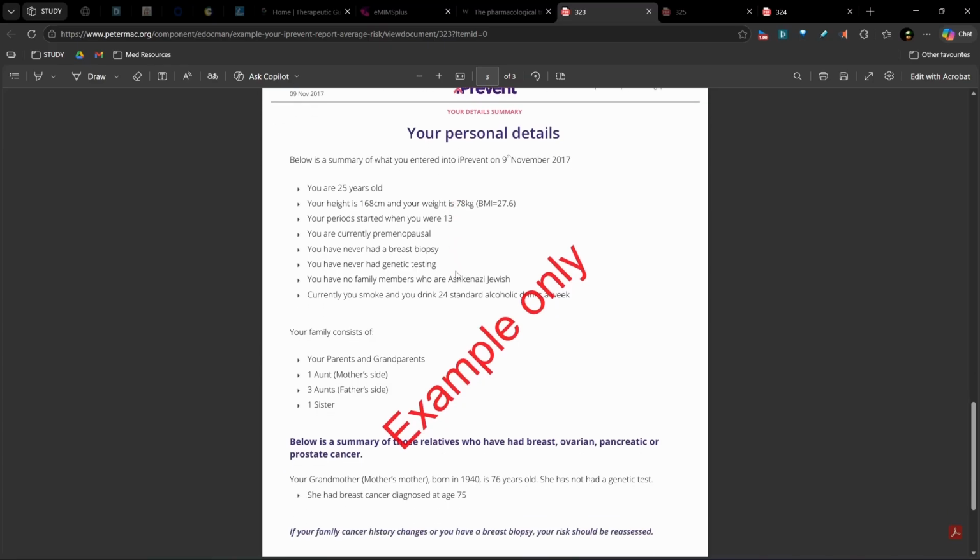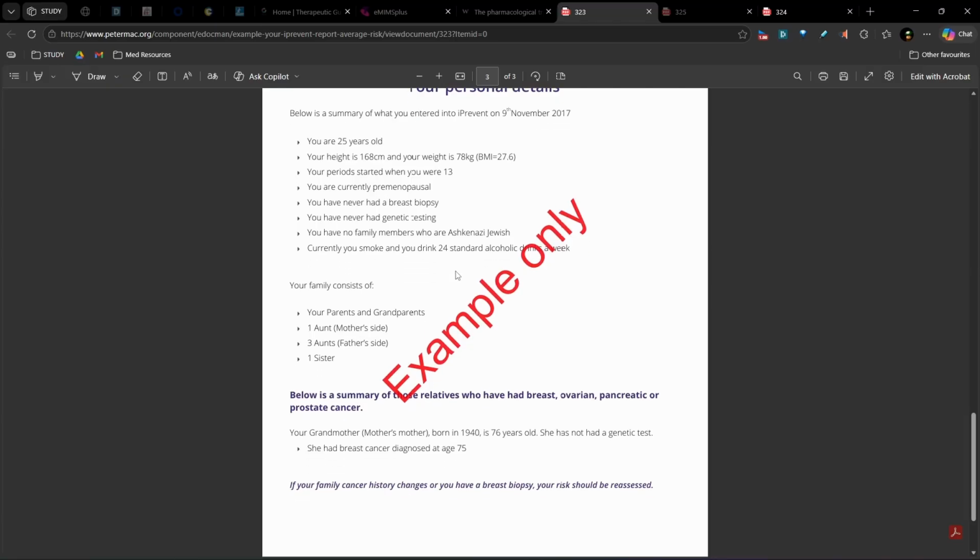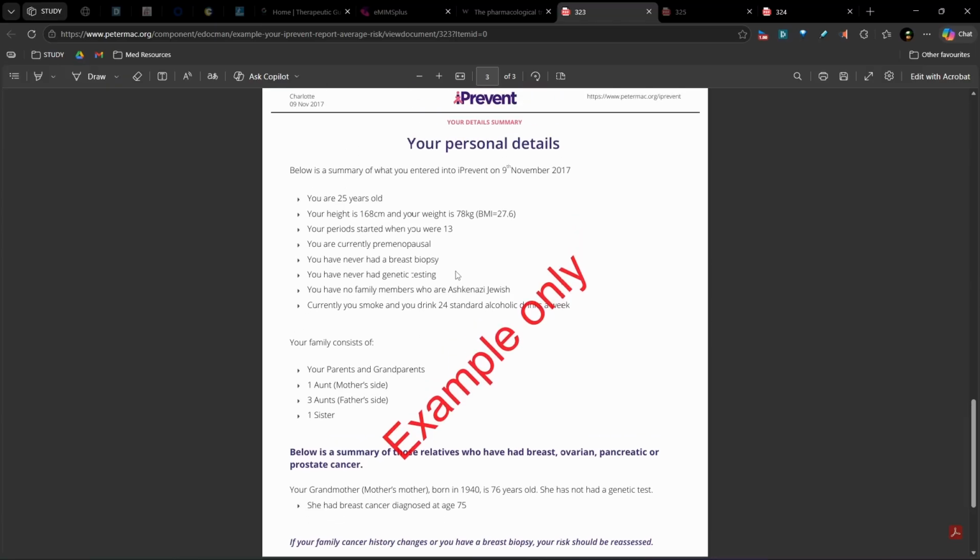So this here is a report that iPrevent has provided for a patient that is of average risk. We will also go through reports for patients at moderate and high risk, but this is an example to see how the report looks.